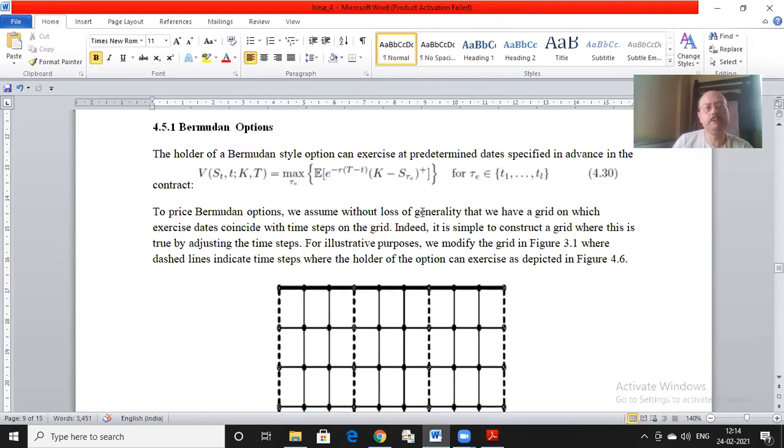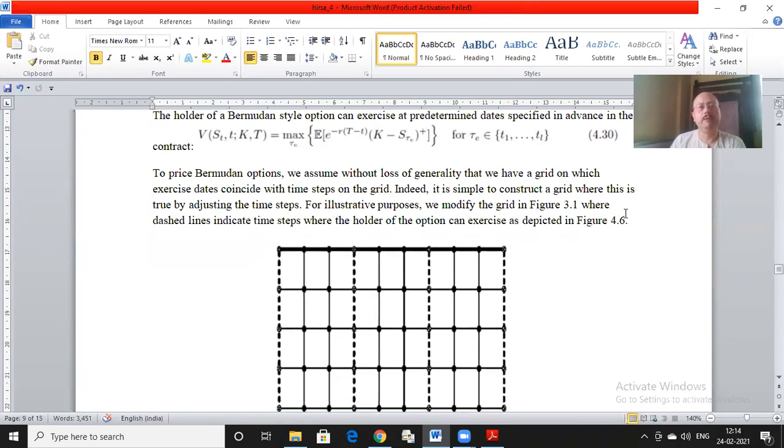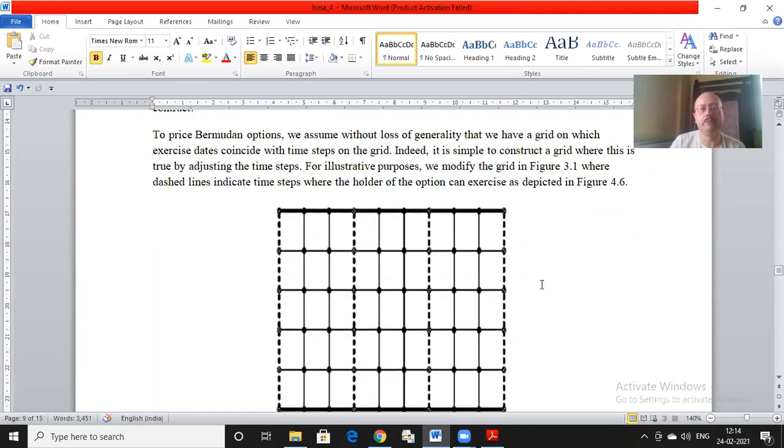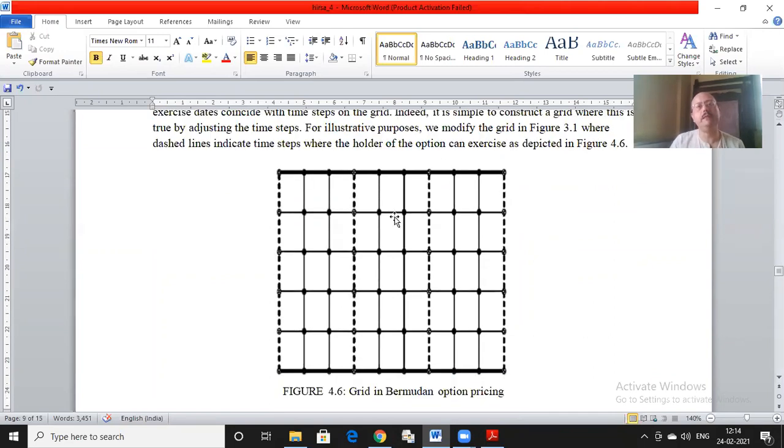To price a Bermudan option, we will assume that we have a grid on which the exercise dates, the set tau e, coincide with the grid. So whatever grid I may have, I need to modify that grid so that all these T points on the horizontal axis are covered. So this is an illustration. This is the original grid rectangle that we showed in figure 3.1 in the earlier chapter, chapter 3.